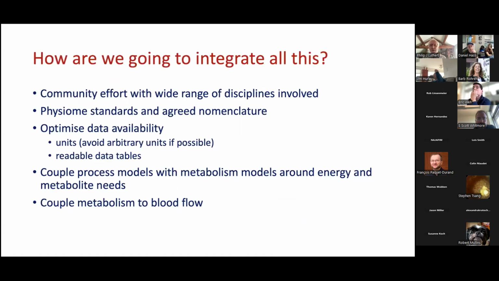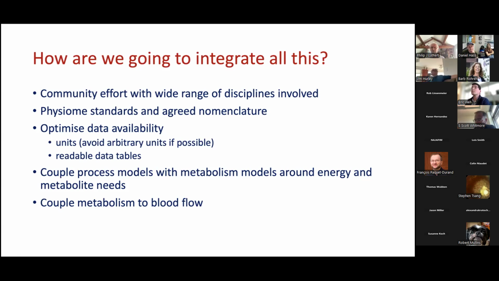So how are we going to put all of this together? Well, it's clearly going to be a community effort. We need to use Physiome standards. We need to optimize data availability. Getting data off PDF supplementary material is a bit of a pain. Getting it off an Excel spreadsheet is lovely by comparison.